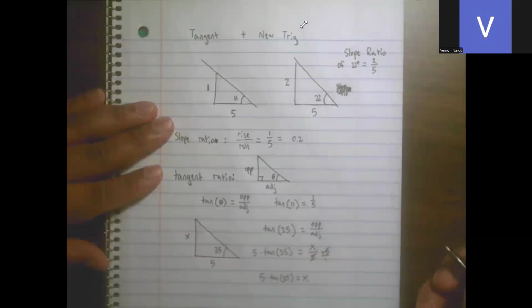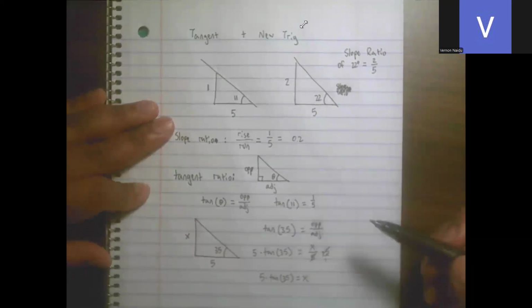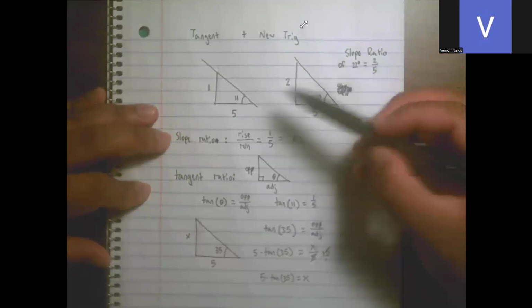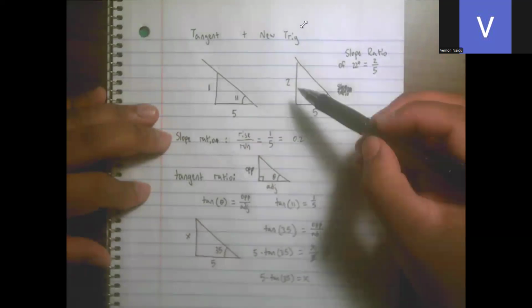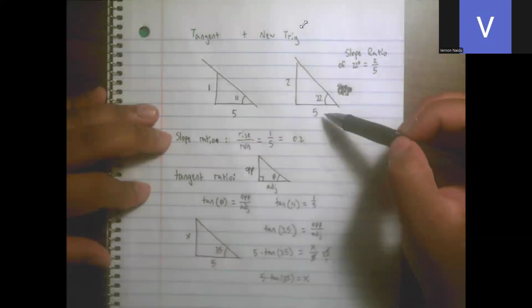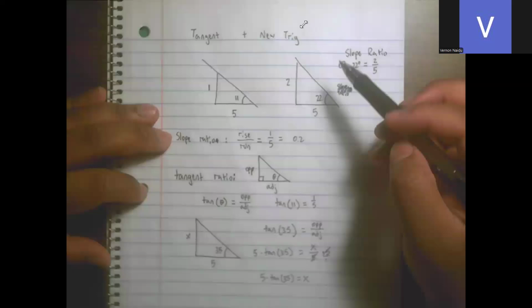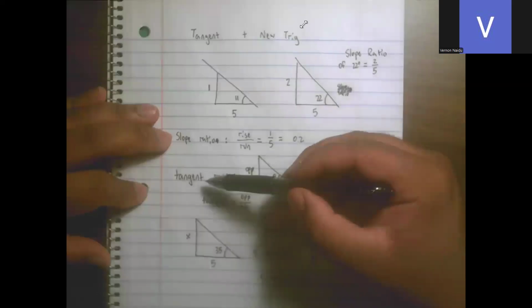So this was like the stuff we talked about last semester. We started talking about some slope ratios, how there's a different angle when we have a different rise and run, right? And then we got this idea that it's actually called a tangent ratio.